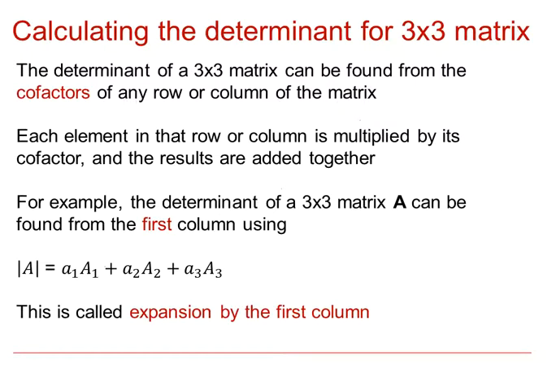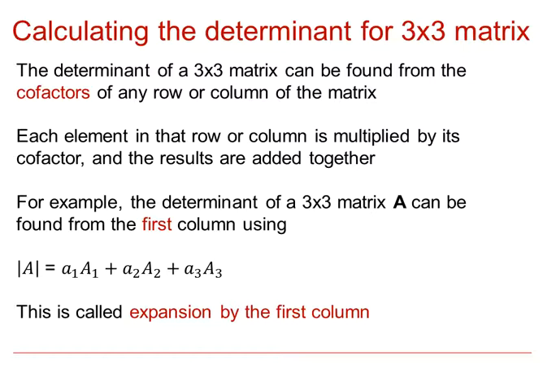The determinant of a 3x3 matrix can be found from the cofactors of any row or column of the matrix. You will remember we worked out how to find minors and cofactors in the previous video. Each element in that row or column is multiplied by its cofactor, and the results are added together.